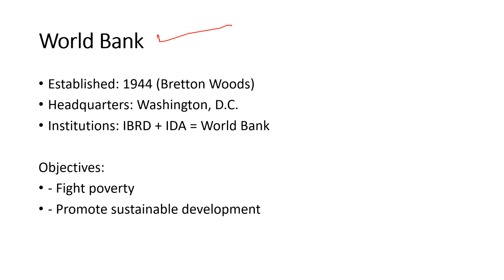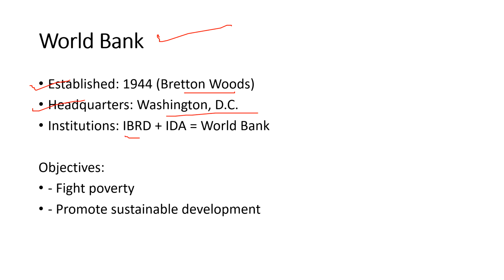Next is World Bank, okay, which was established in 1944, again at the Bretton Woods Conference. Correct. So basically, IMF and the World Bank, both were established through the Bretton Woods Conference. Basically, it was discussed at the Bretton Woods Conference and it was established in 1944. Headquarters is in Washington DC.